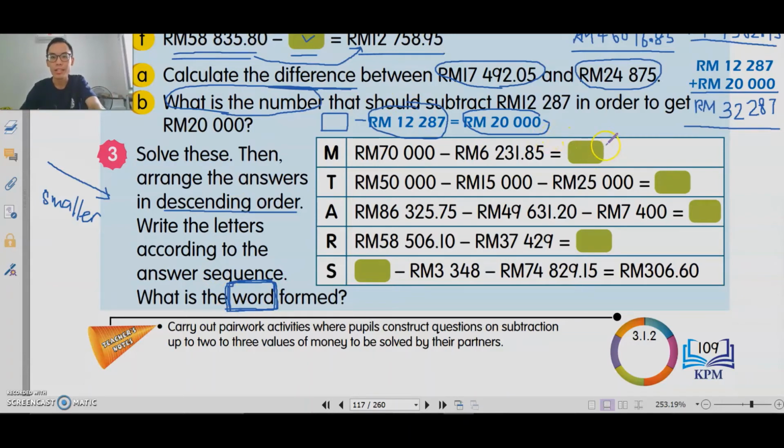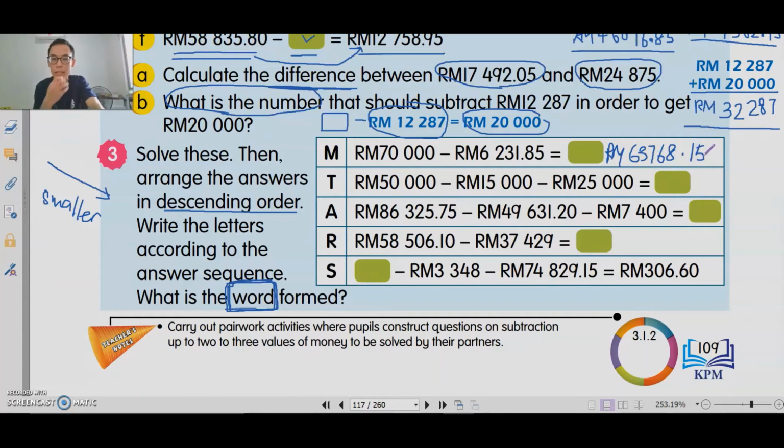Okay, I'm not going to show you the calculation, I'm going to give you the answer straight away. So 70,000 minus 6,231 ringgit and 85 cents, you get 63,768 ringgit and 15 cents.